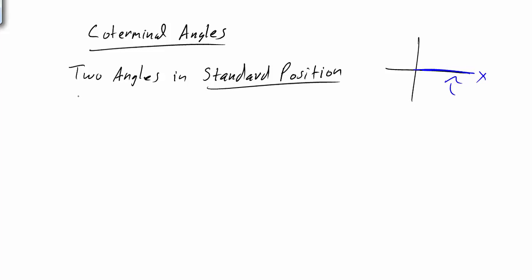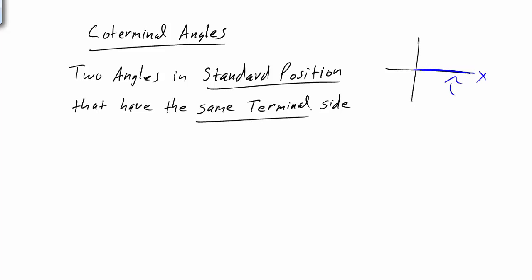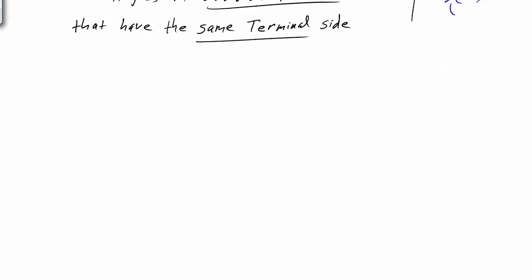Now, the other part of the definition is that the two angles in standard position have the same terminal side. We talked about the terminal side, that is where the angle ends. So let's look at an example. We have our x and y axis, and I'm going to start an angle here at the initial side.